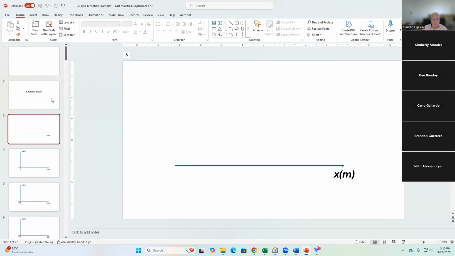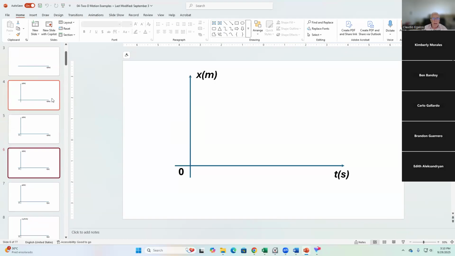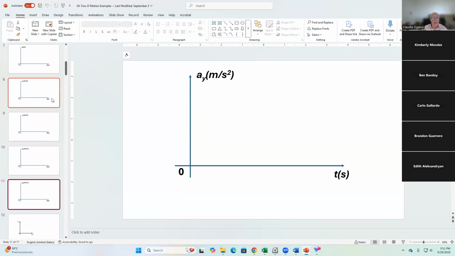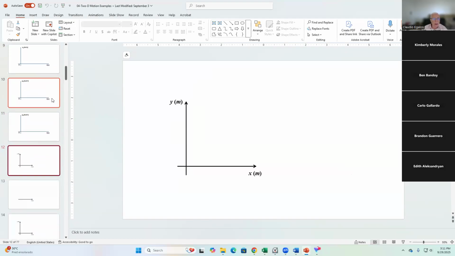Just before the break, I covered that, right? X, Y, the Y-X path of the projectile, of the object, right? X versus T, Y versus T, VX versus T, VY versus T, AX, and so on. Okay, now I want to talk about projectile motion.